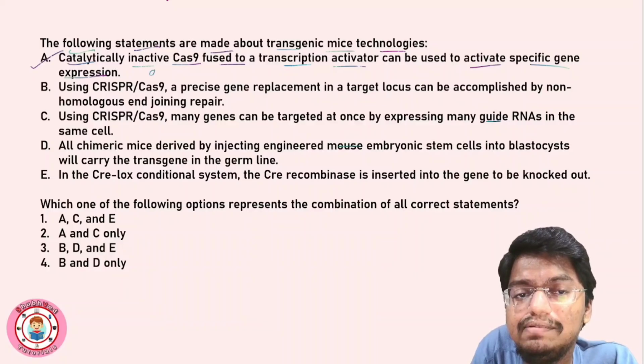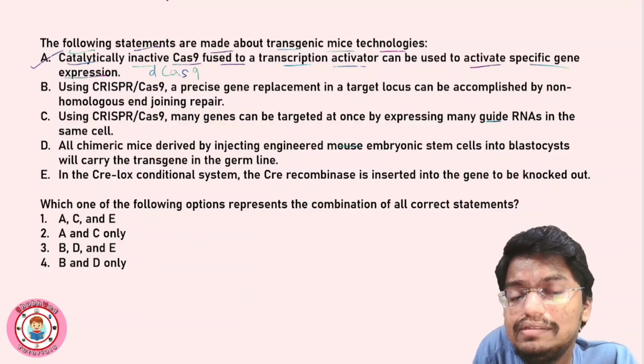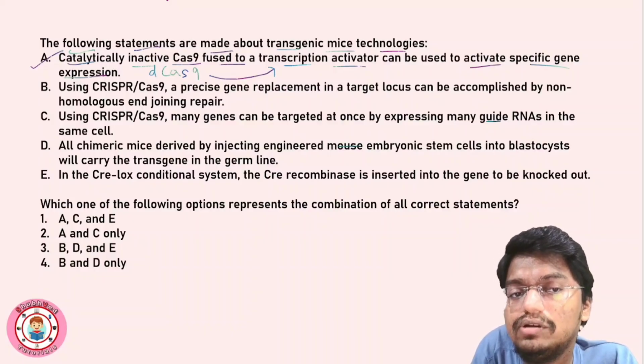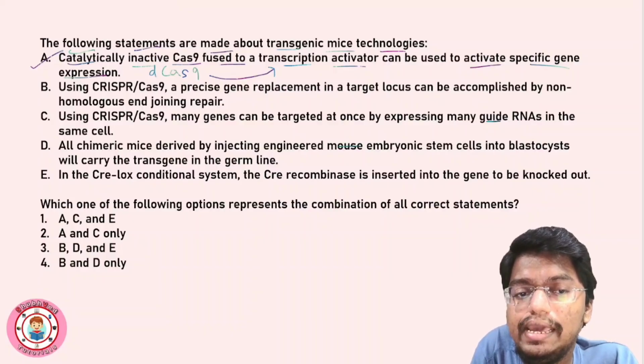Inactive Cas9 is basically dead Cas9. Dead Cas9 means its nuclease domains are inactive. So if this is fused with a transcription activator, this can activate a specific gene, right? The nuclease will not work there, meaning no cutting, but modification can happen. So A is correct.